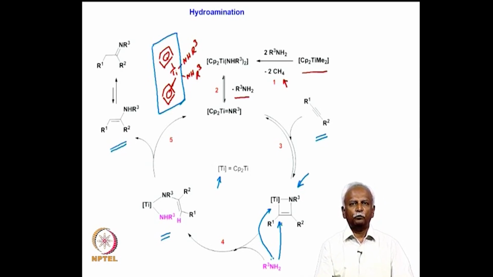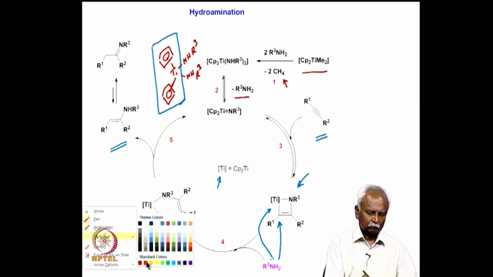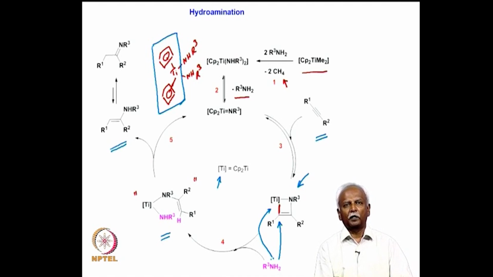So, you have the reactivity of this bond, the titanium carbon bond, which undergoes an ammonolysis or aminolysis in order to generate this intermediate, which is going to give you your product.